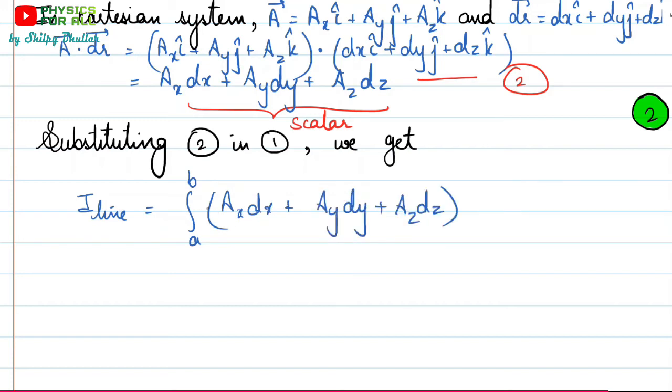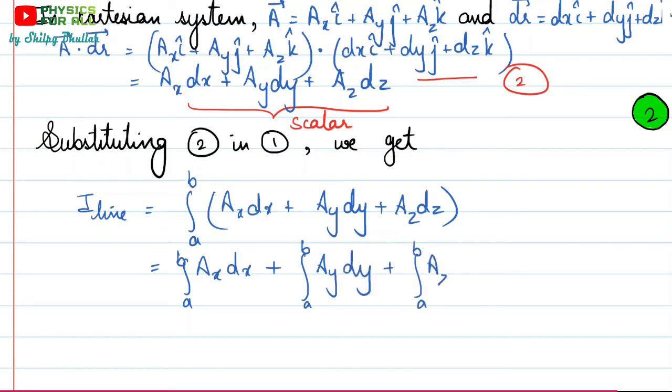And now we can also put the integral over all these three terms separately. So we can write it as the integration of Ax dx over the limits a and b, plus the integration of Ay dy over the limits a and b, plus the integration of Az dz over the limits a and b. So this is the way we can write it. This is the final answer. So whenever we find any line integral, this is the answer that we will obtain.